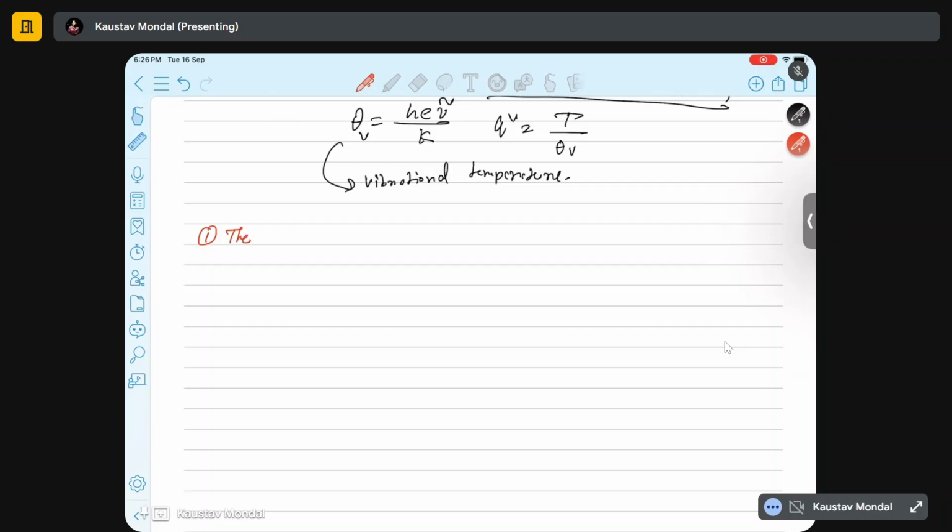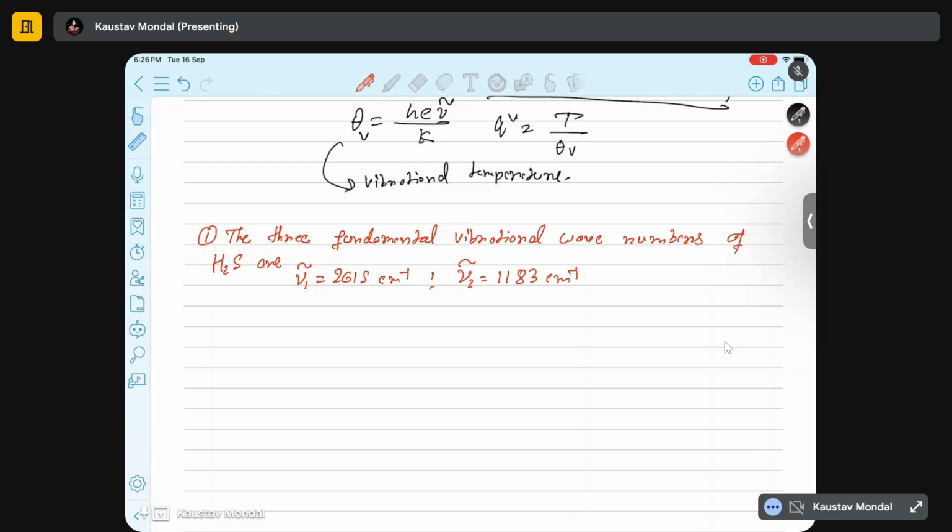The 3 fundamental vibrational wave numbers of H2S are nu 1 tilde is 2615 centimeter inverse, nu 2 tilde is 1183 centimeter inverse, and nu 3 tilde is 2626 centimeter inverse.